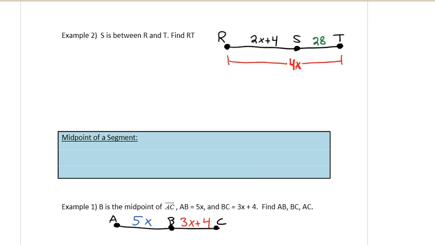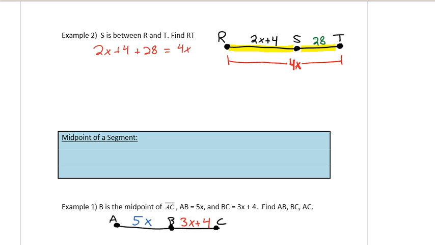Here's another one. Okay, now we have algebra involved. We have some x's. No big deal. We know how to handle this. So S is between R and T. We want to find RT. Now, we know that, again, little piece plus another little piece equals the big piece. Big piece is 4x. So what we're going to do is say 2x plus 4 plus 28 equals 4x.